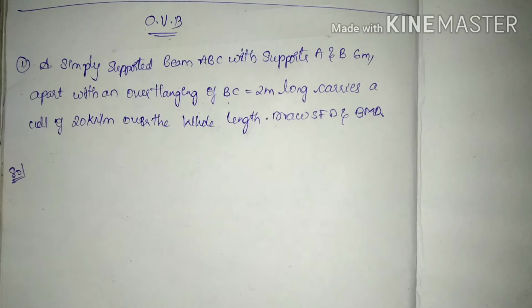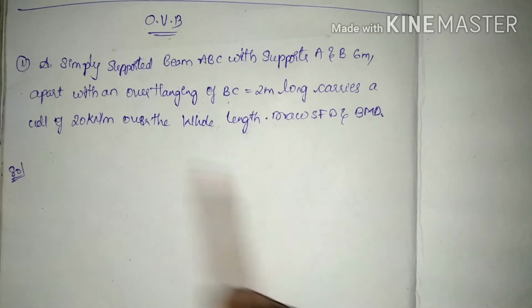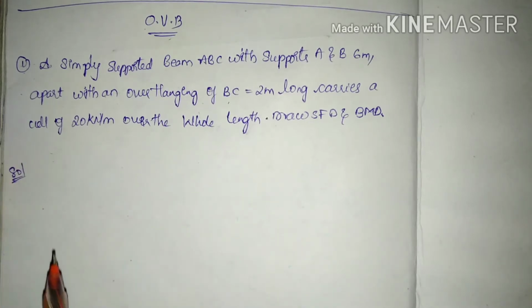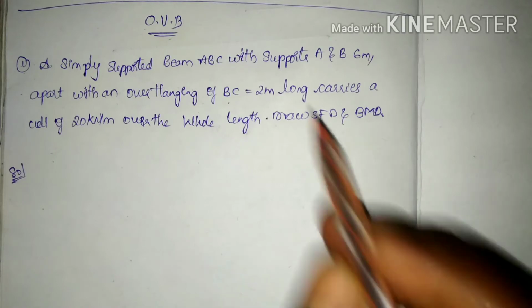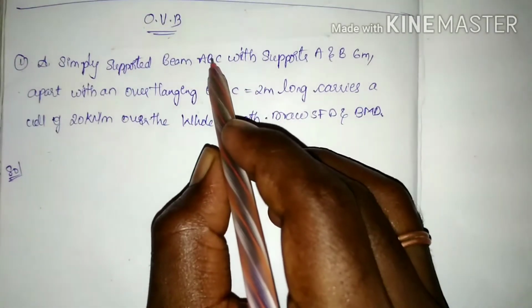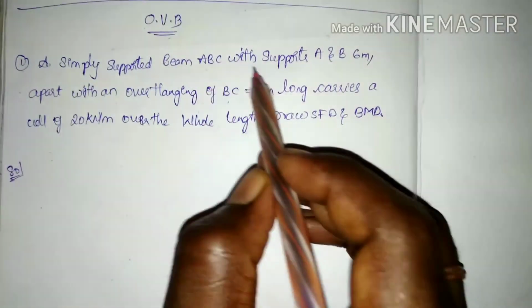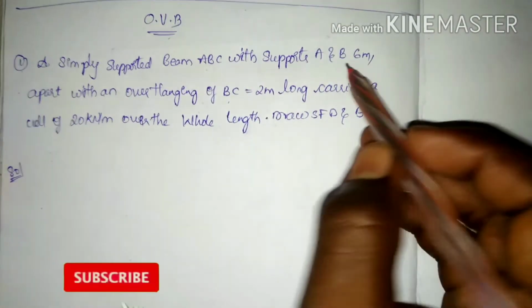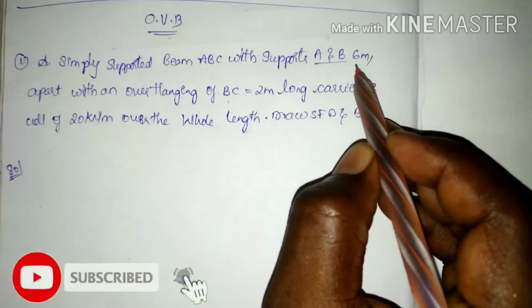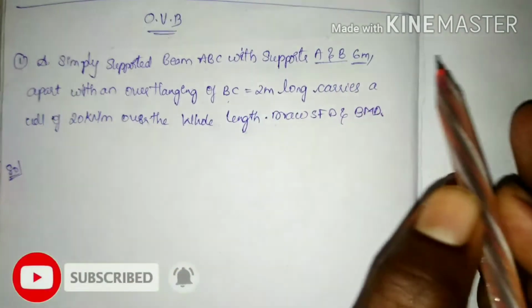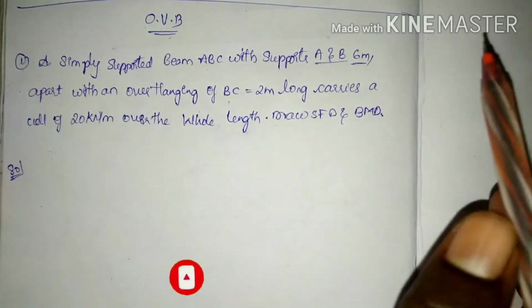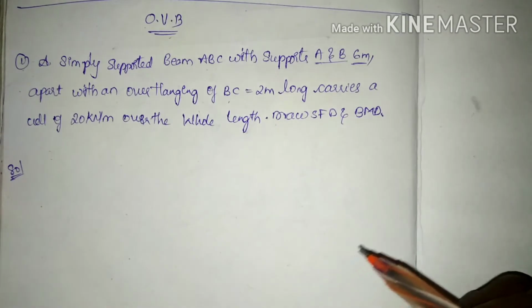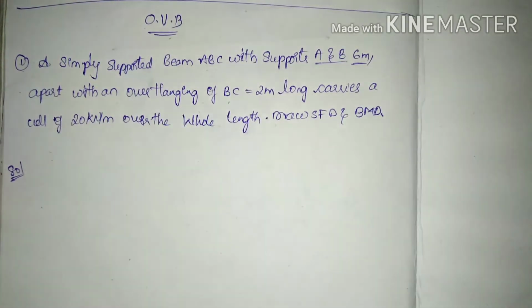Here we have a question related to our topic: a simply supported beam ABC which is supported at A and B. The supports A and B are 6 meters apart, with an overhanging part BC 2 meters long.